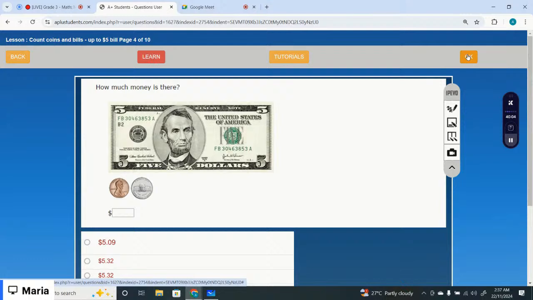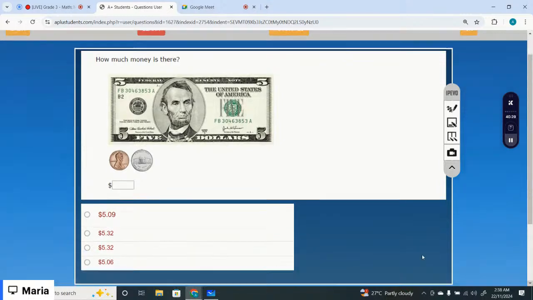Which is the correct option? Option number 4 is the correct option. That is $5.06.